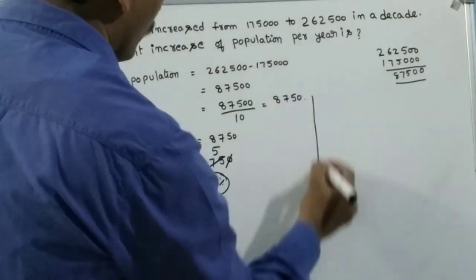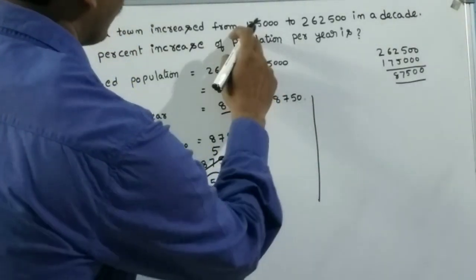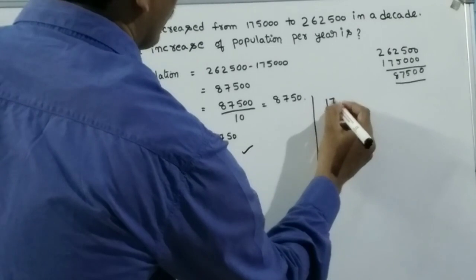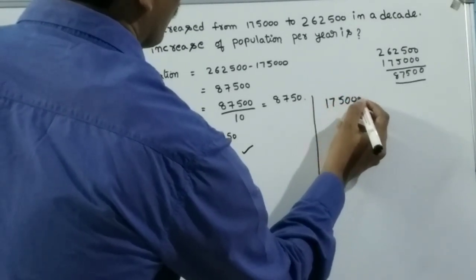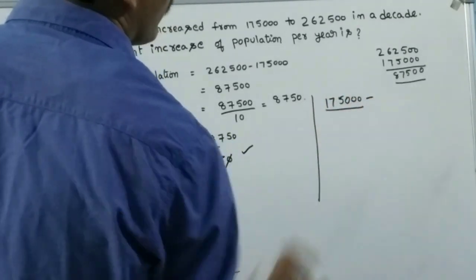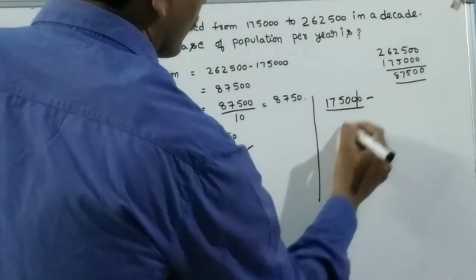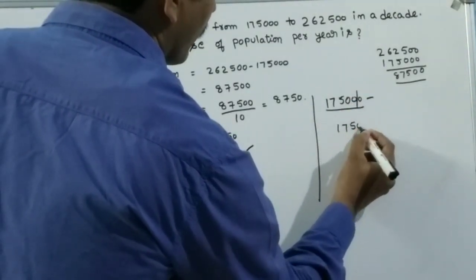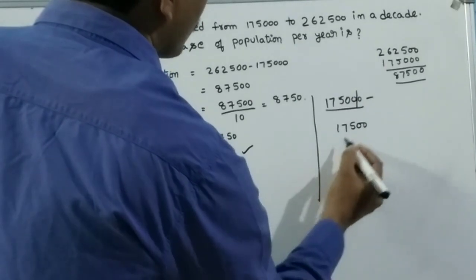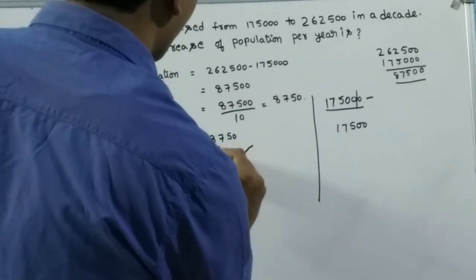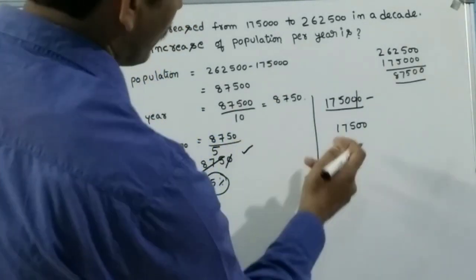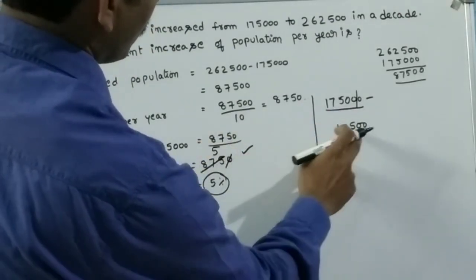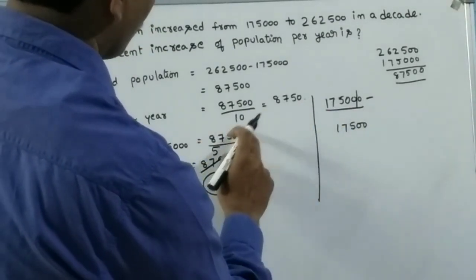Here, no need to go this way; directly we can go this way. Out of 1,75,000, what is 10%? 17,500. Now what we have to find out is 8,750. You just observe these two. This is half of this one.